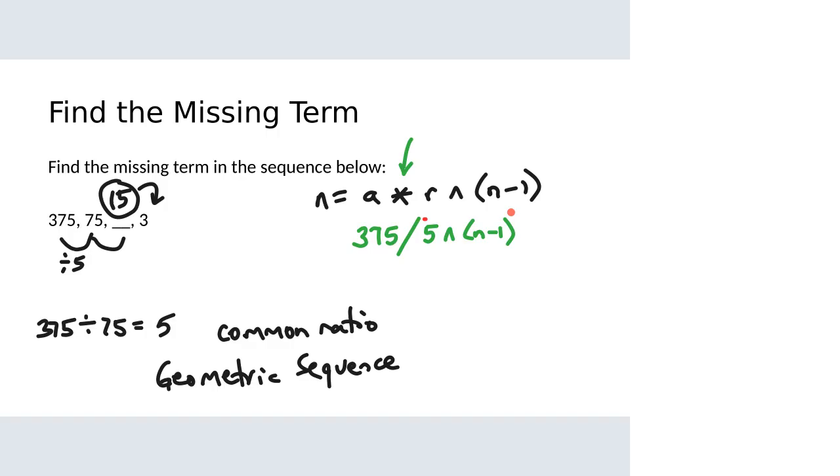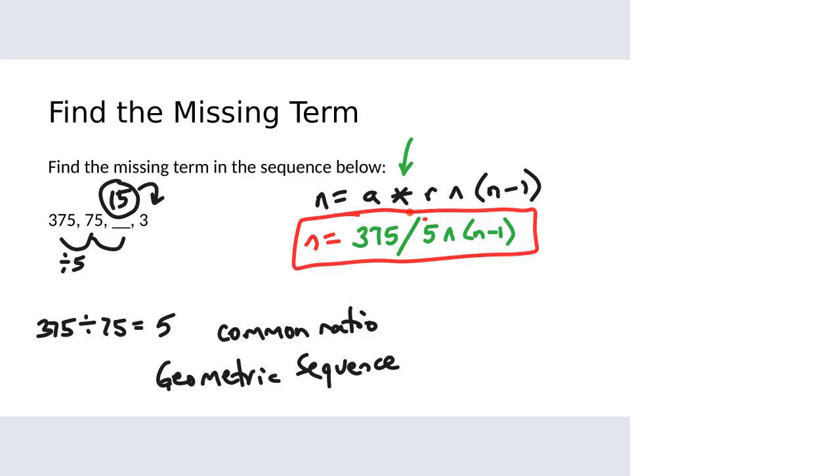Because we're going to do the parentheses first, raise to the power next, and divide last. So this works with order of operations. So, sorry about the colors. N equals 375 divided by 5 raised to the n minus 1 power.